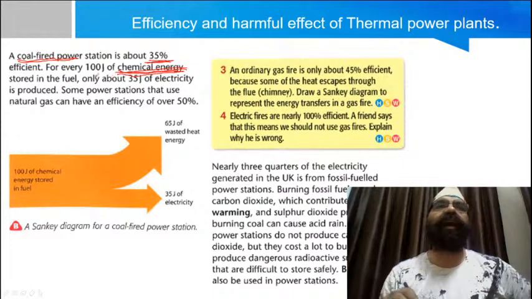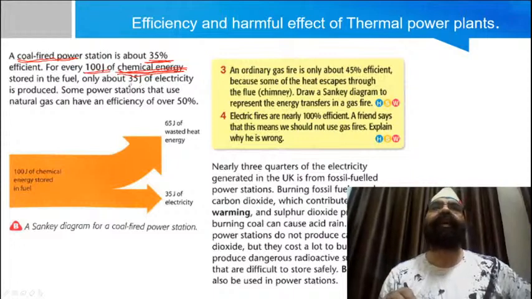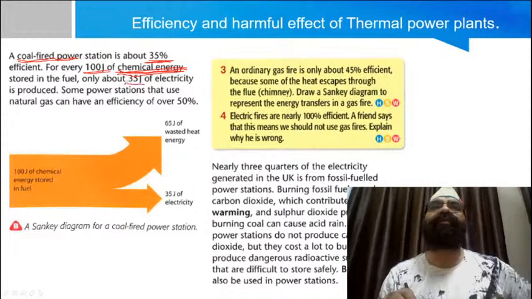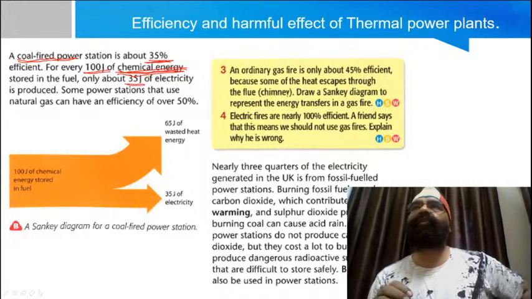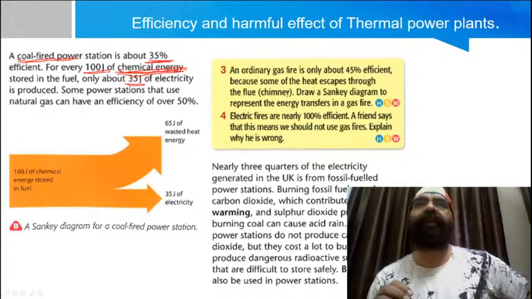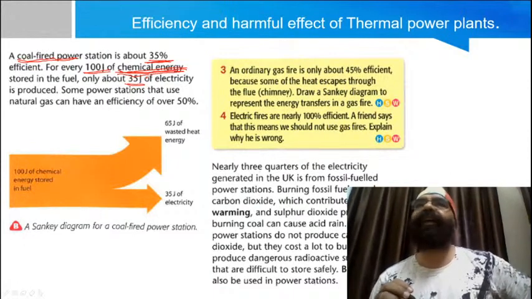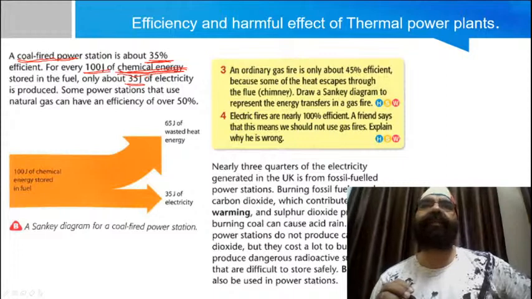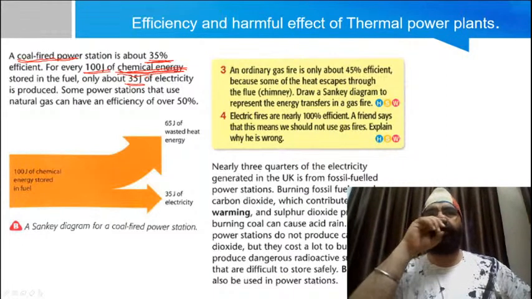If I have 100 joules of chemical energy in coal, only 35 joules of electrical energy will be available to me. Almost like you have already stated, 65% of the chemical energy is wasted. It is not converted into electrical energy.